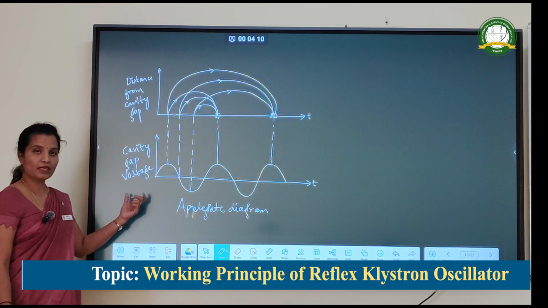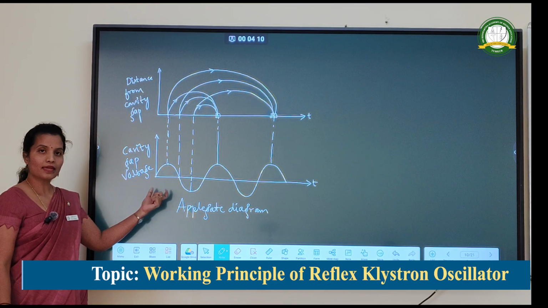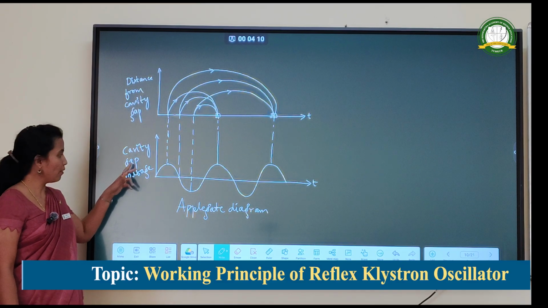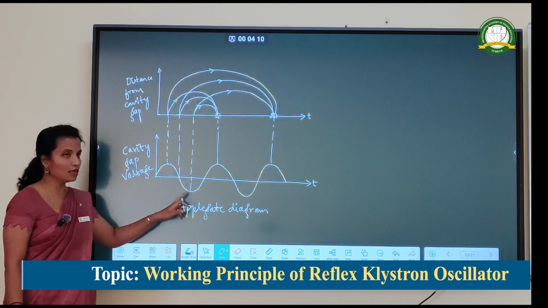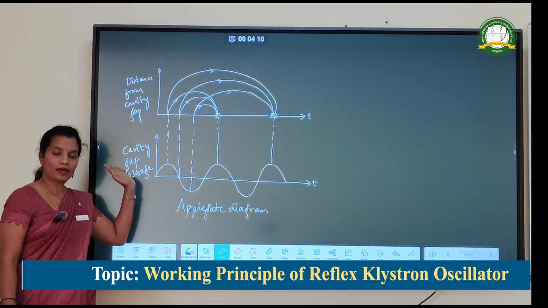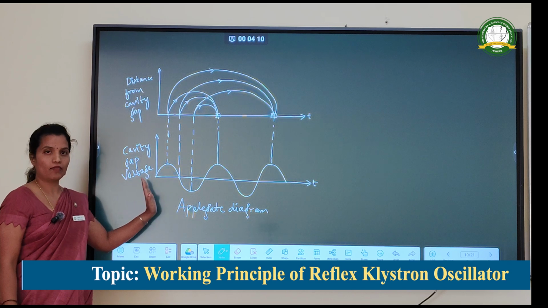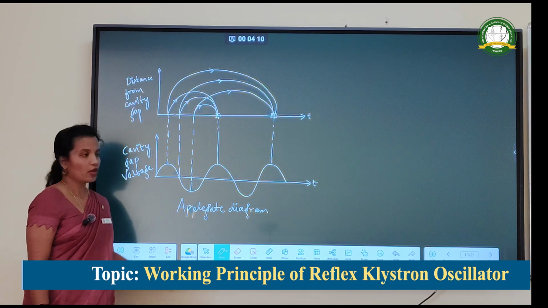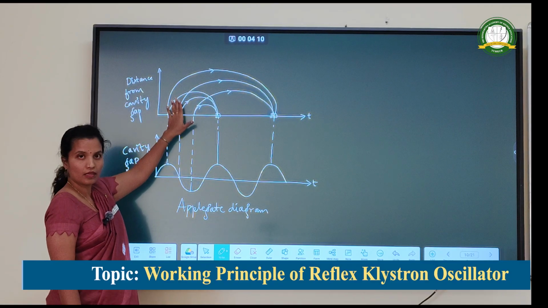Here we have represented the RF noise that is present across the gap. The RF noise is nothing but the cavity gap voltage. So this is the RF noise voltage. The electrons which interact with that RF noise will be undergoing electron velocity modulation, and that is what is represented in this waveform.